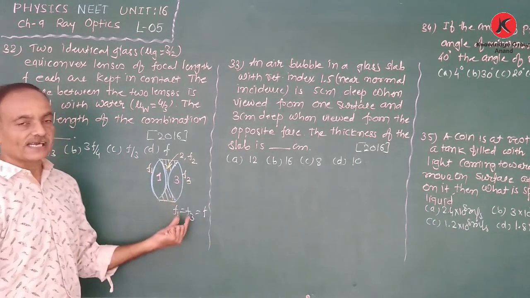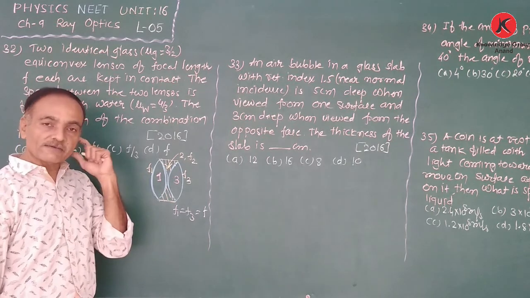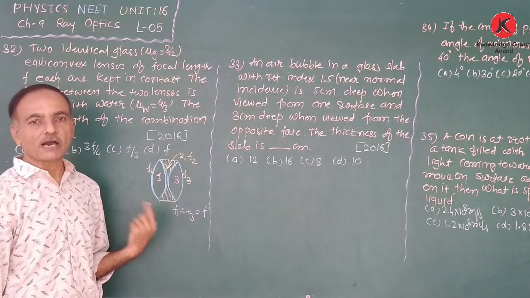Instead of given directly f, if the radius of curvature of both equiconvex lenses is the same, that means r, at that time how do we find out?